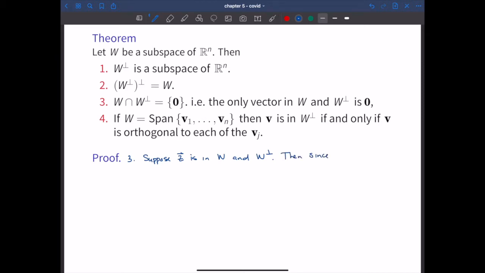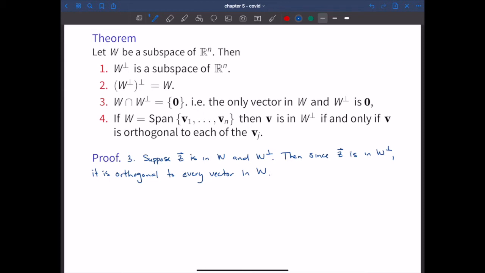Well then, since the vector Z is in W perp, it is orthogonal to every vector in W. That's what it means to live in the orthogonal complement. It means that you are orthogonal to every single vector inside of W.